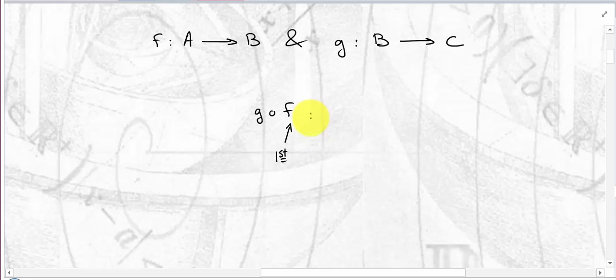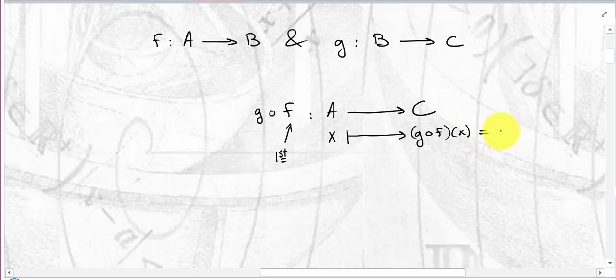And g of f is going to be going from A to C. It's going to take an x. The notation I'm using here is a formal notation for a function, with this kind of arrow here and just a simple arrow right there. x is going to go to g round f of x. And by definition, this is g of f of x. This is actually the definition of the composition of two functions.